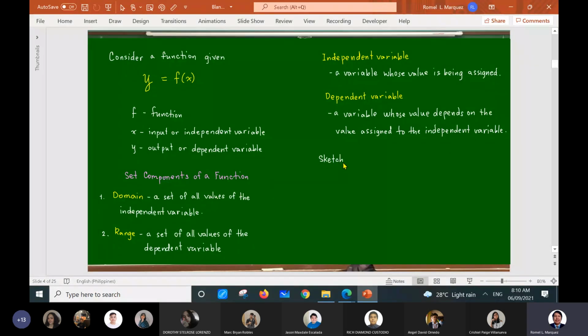You sketch the graph and determine the domain and range of the given function. You still alive, guys?